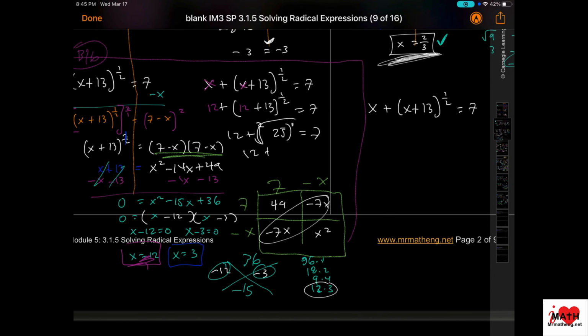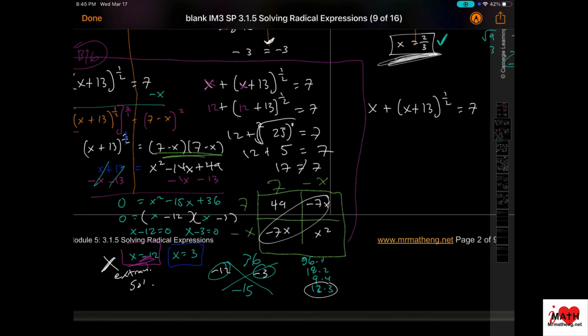So 12 plus square root 25, which is 5. And then if you do 12 plus 5, you get 17. Does that work? No. You can write no if you want. So this is an extraneous solution.